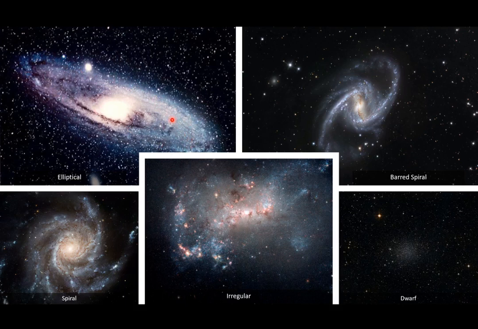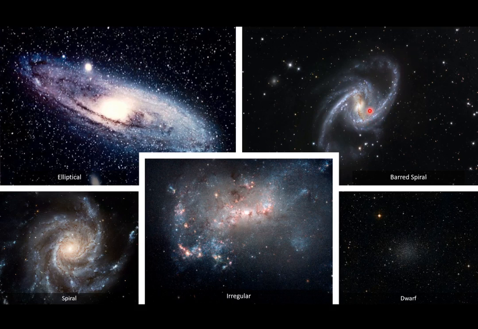I'm not sure if it's because of the image or the resolution, but maybe it looks a little bit dimmer. But again, it's got that oval shape. The barred spiral is up here in the upper right. You can see that central bar in the middle, or that cluster that's almost like a bar, and then the pinwheel spins off of it.